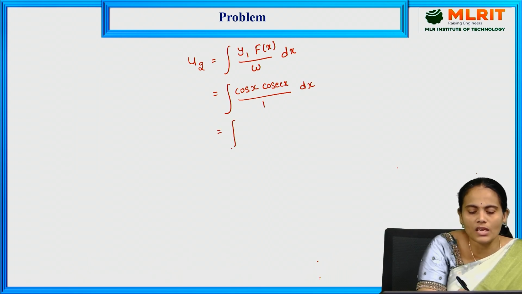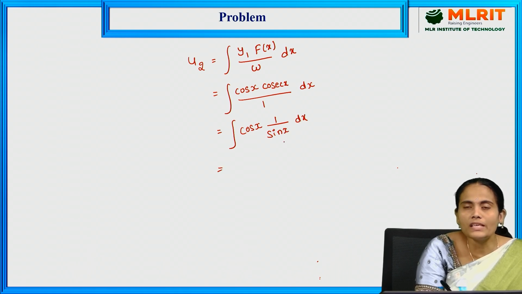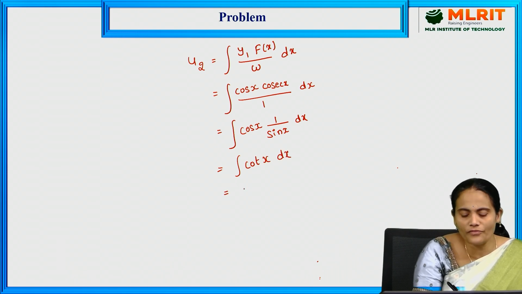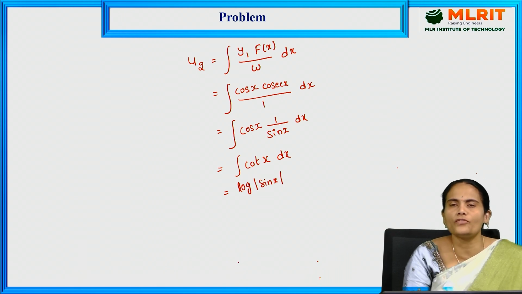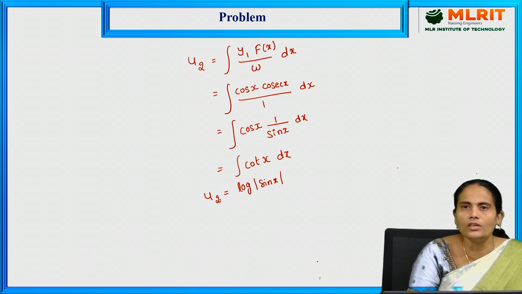So this is equal to integral cos x into cosecant x, where cosecant x is 1 by sin x, into dx. Cos by sin is cot x, so the integration of cot x dx. The integration of cot x is log mod sin x, and this is the value of u2.